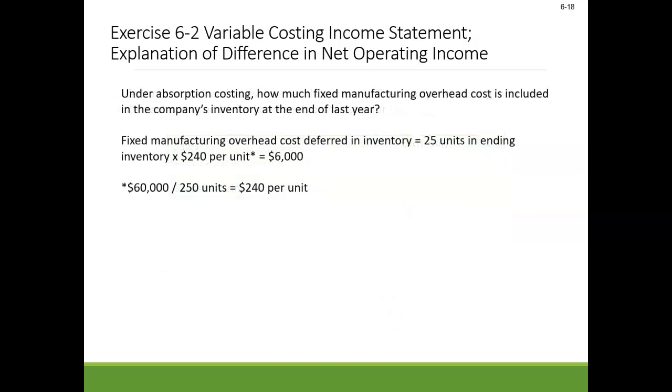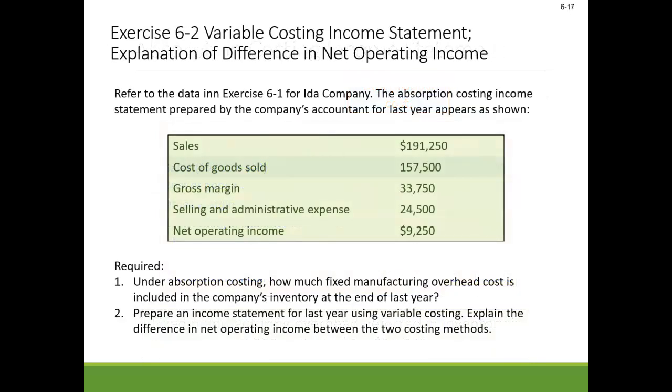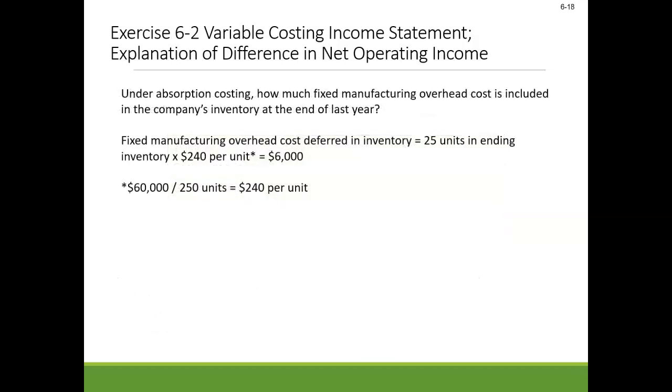So let's see here, data. Under absorption, we've got our sales of $191,250, our cost of goods sold of $157,500, with our gross margin, selling, and admin.